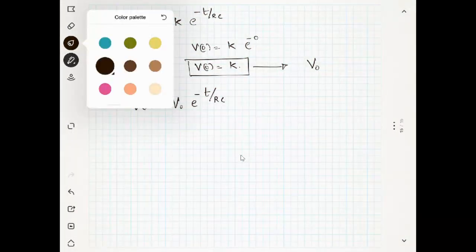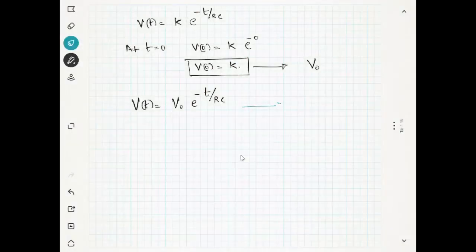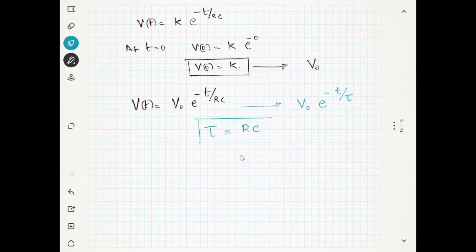So my general solution is V of t is equal to V0 into e power minus t by RC. Again, this equation has the same form, V0 into e power minus t over tau. What is tau here? Tau is RC. So in an RC circuit, the time constant is just RC.